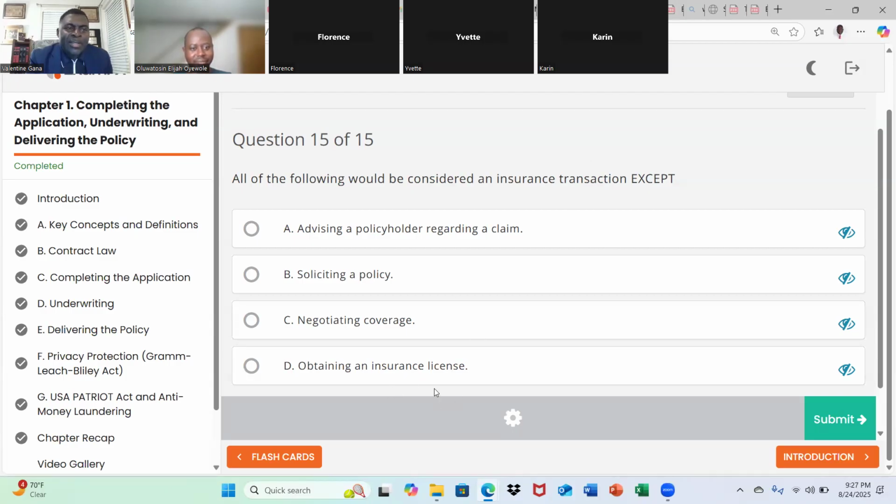You haven't gotten a license, so you're not an agent yet. But advising a policyholder regarding a claim, that's a transaction. Soliciting a policy, transaction. Negotiating coverage, that's a transaction. So you're right. D is the answer, obtaining an insurance license.